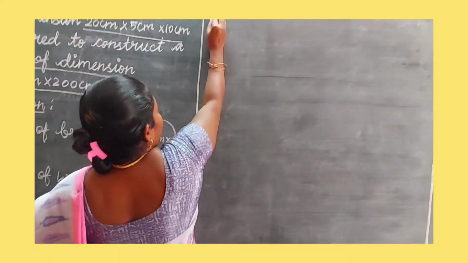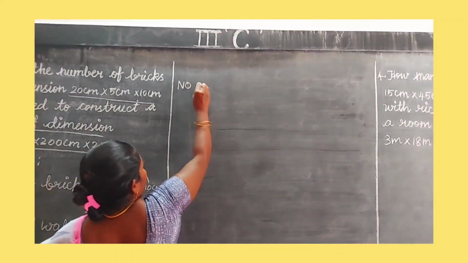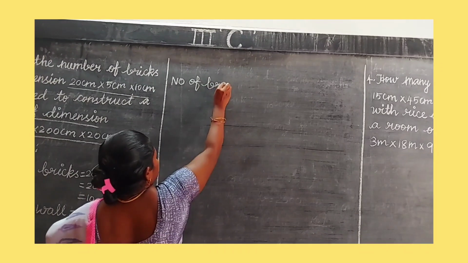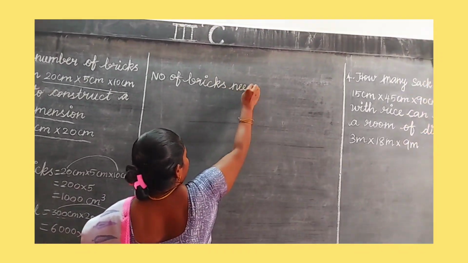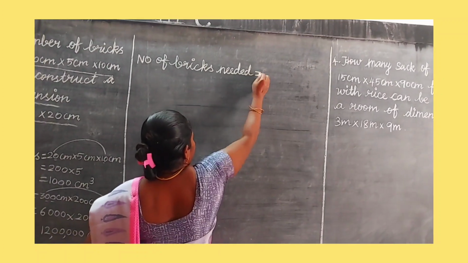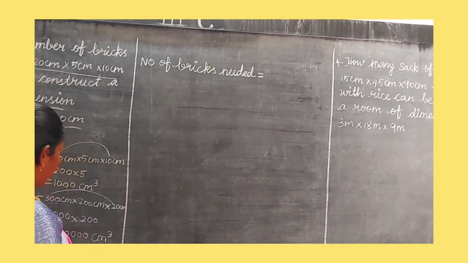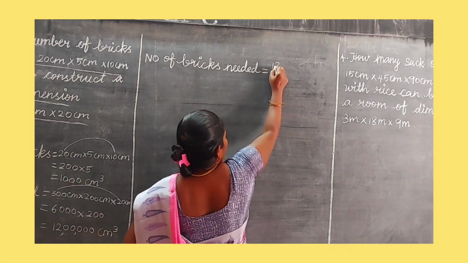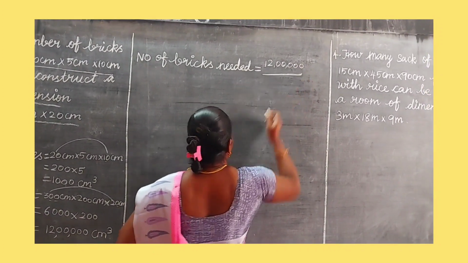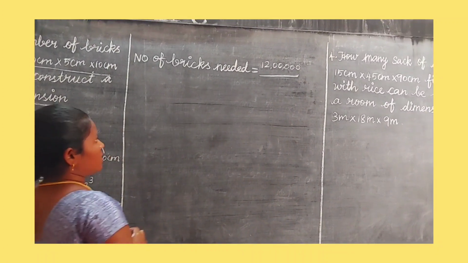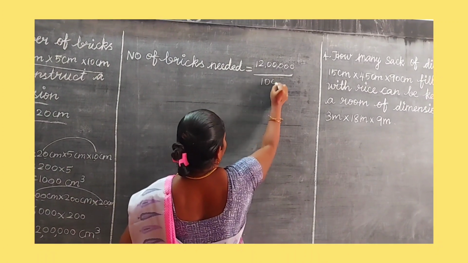So we write number of bricks needed is equal to 12 lakhs divided by the bricks value 1000 we have to divide.